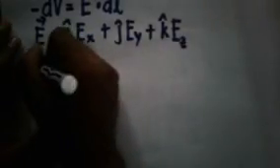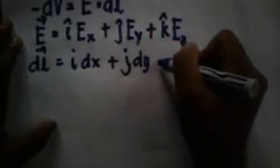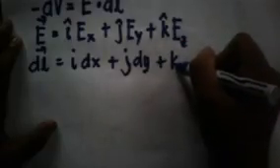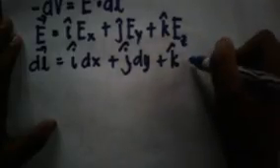And for dl, we have i hat dx plus j hat dy plus k hat dz.